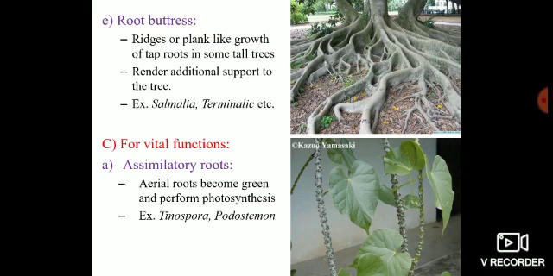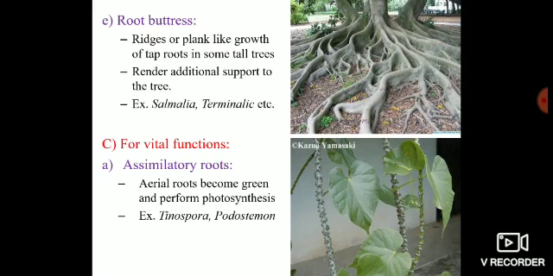Now you have one more type of these modifications, which are known as root buttresses. Root buttresses are present in some tall trees. In these plants, the normal spreading tap roots show ridges or plank-like growths.